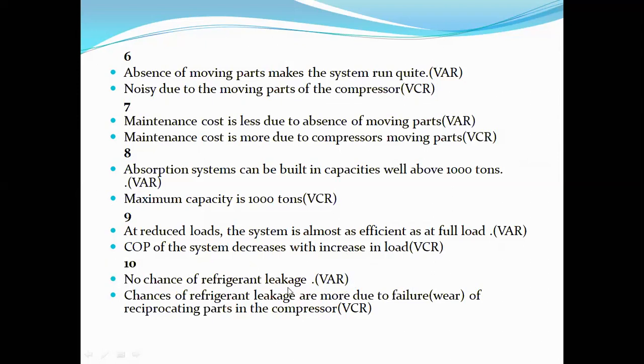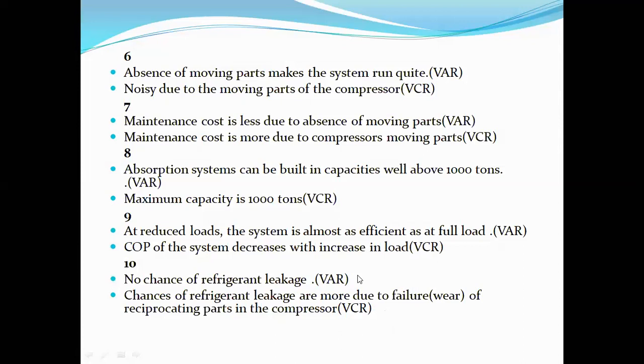Because of more refrigerant leakage, we'll get less efficiency. We are not telling efficiency, rather we are calling it coefficient of performance. So here no chance at all because no compressor, hence you will get the higher coefficient of performance in case of VAR.